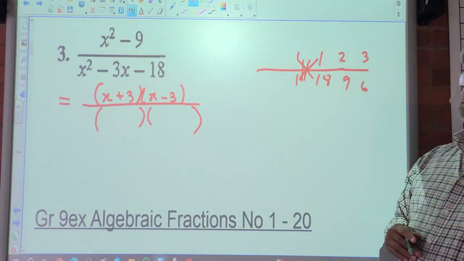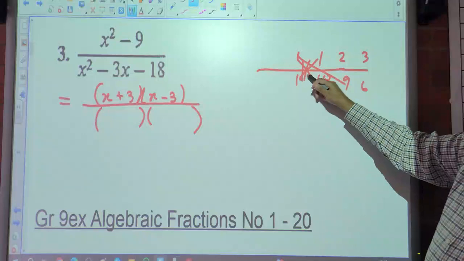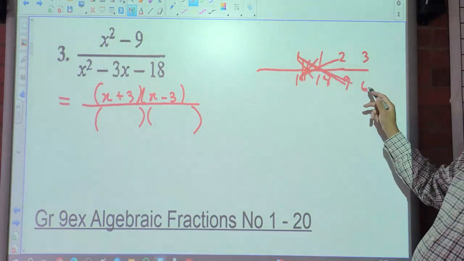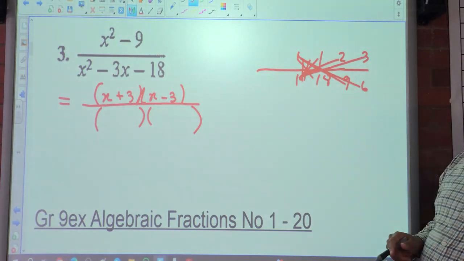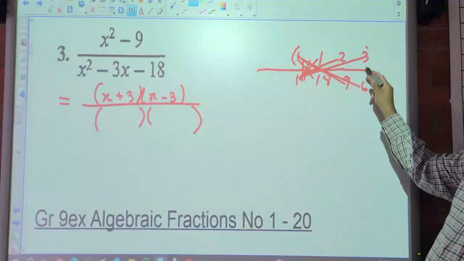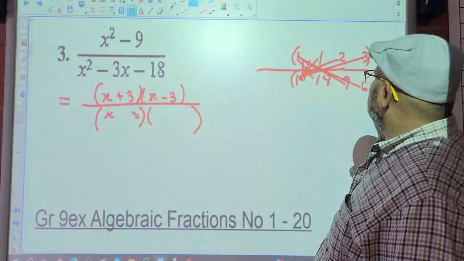Subtract, you get 17. We're looking for 3. 1 times 9 is 9, 1 times 2 is 2. 9 minus 2 is 7. 1 times 6 is 6, 1 times 3 is 3. Subtract, you get 3. And that's what I want. So 1 and 3 go into the brackets, so it's an x and a 3, and an x and a 6.